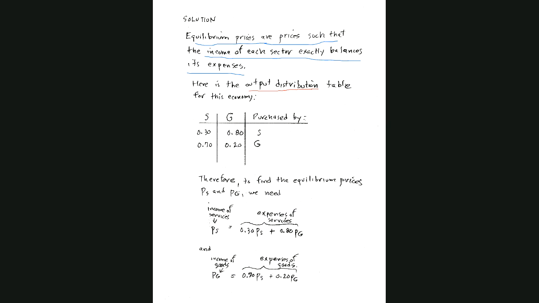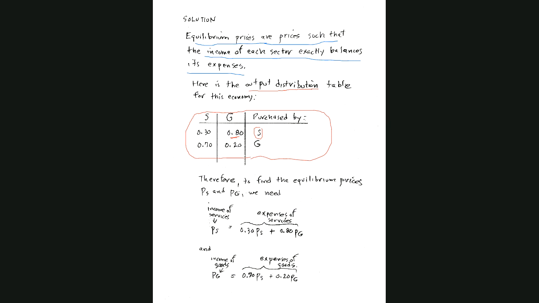Now this is a 2x2 table because you have services and goods. If you had 3 portions to the economy, you would need a 3x3 table. But it said in the problem that goods sells 80% of its output to services. So that means services purchases 80% of goods.